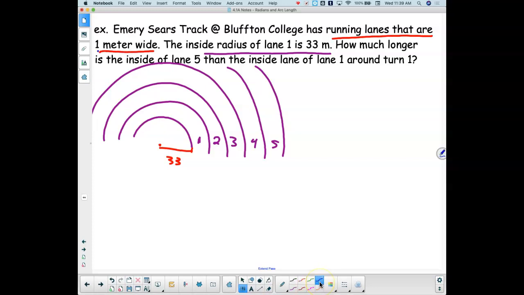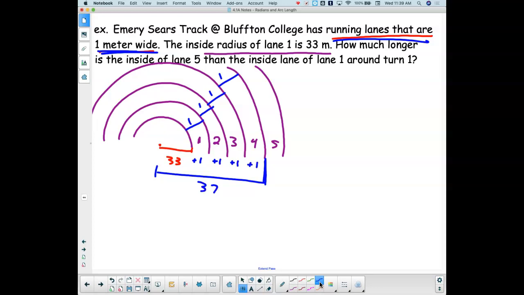If the running lanes are 1 meter wide, then from here to here is 1 meter, from here to here is 1 meter, from there to there, 1 meter, and so forth. I think you get the idea. So the inside of lane 5 is going to be 33 plus 1 plus 1 plus 1 plus 1. That looks like 37 to me.